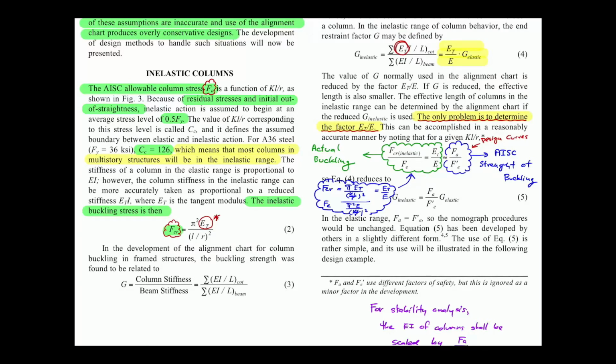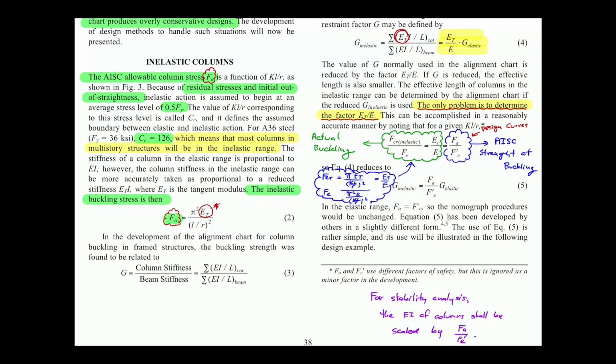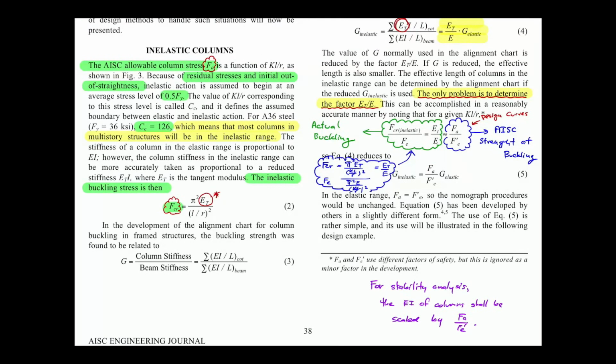And we came across this paragraph and we talked about the allowable column stress, which is a function of the KL over R ratio.